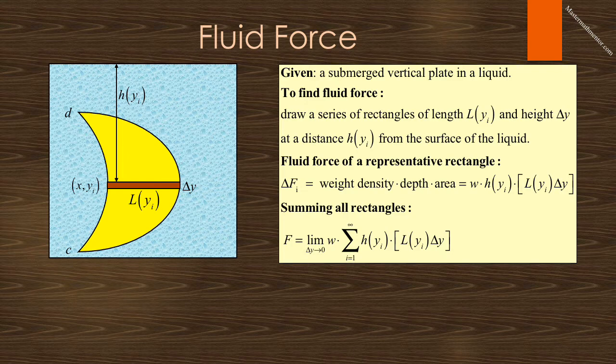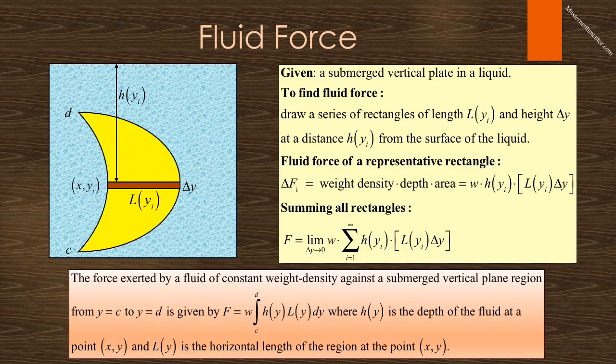And if we sum all of these rectangles, we get the fluid force F is equal to the limit as delta y approaches 0 of W times the summation i equals 1 to infinity of h of y sub i times L of y sub i times delta y.